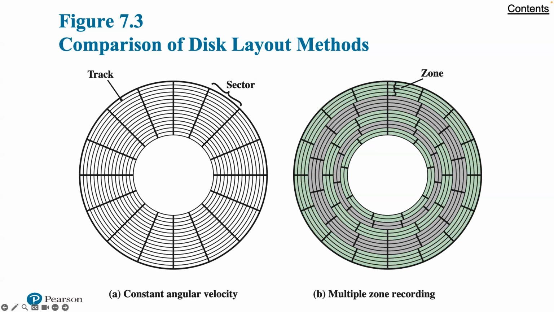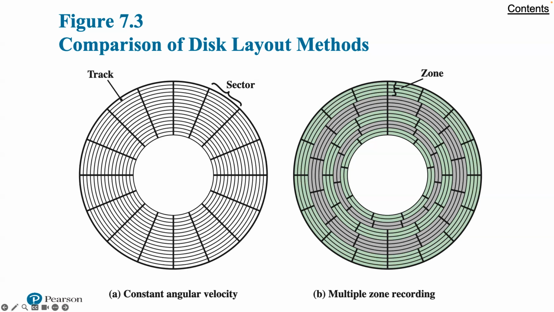Modern hard drive systems use a simpler technique which approximates equal bit density per track, known as multiple zone recording, in which the surface is divided into a number of concentric zones. 16 is typical. Each zone contains a number of contiguous tracks, typically in the thousands. Within a zone, the number of bits per track is constant.